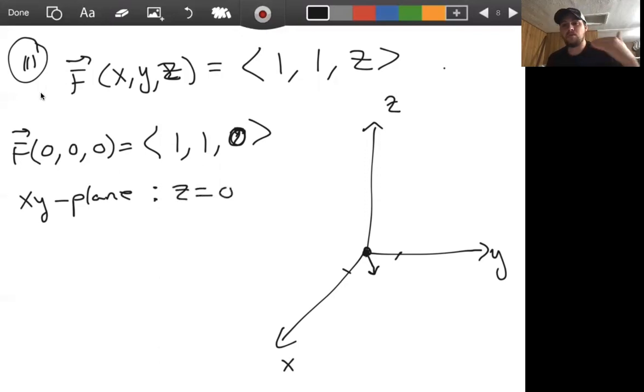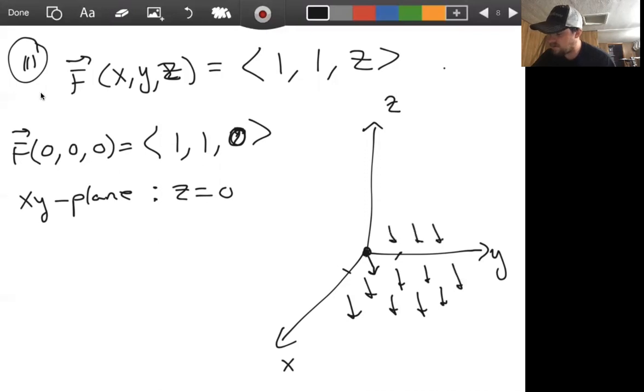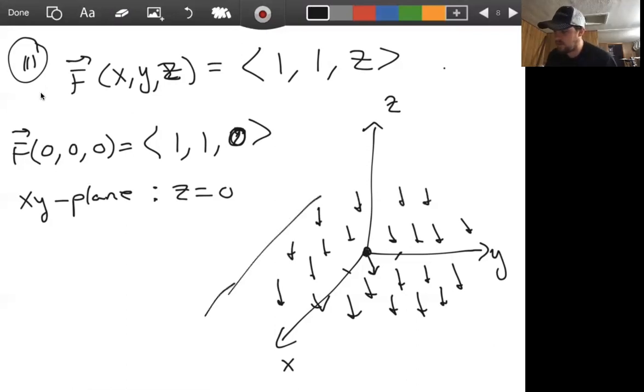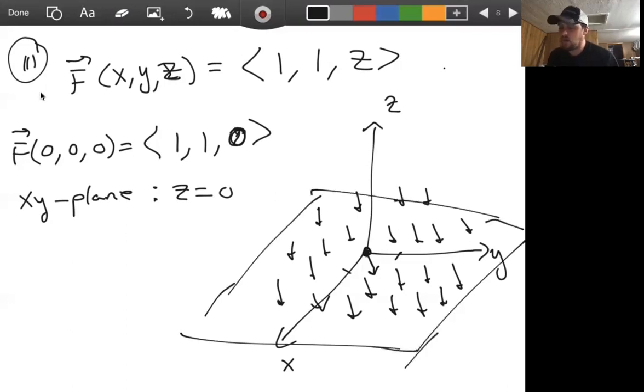So any point you pick in the xy plane, it's just a copy of this vector. So the entire xy plane is just these vectors, like parallel copies of these vectors. And so you can kind of picture that all being contained to the xy plane here. And then you'll go up, right?